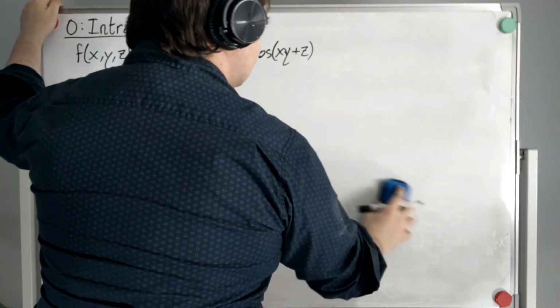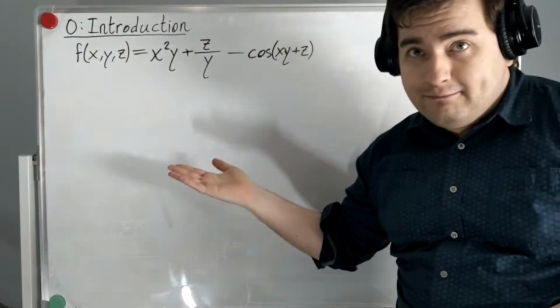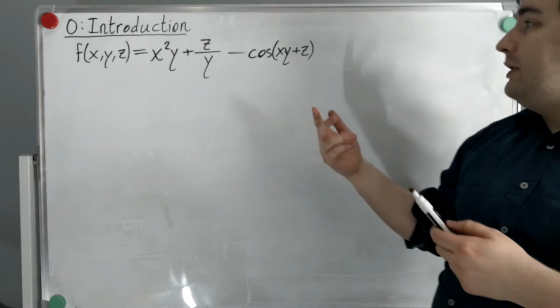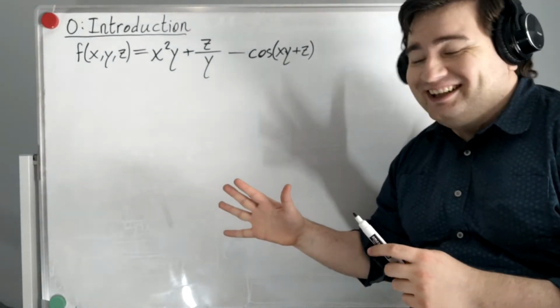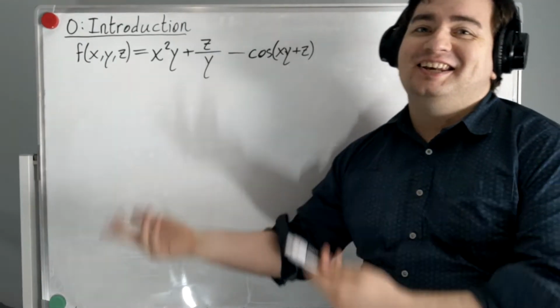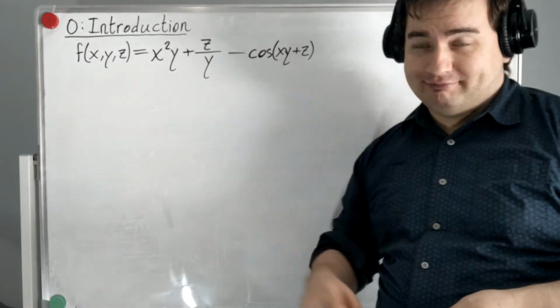Again, this is a function. Its dependent variable f is determined by 3 different independent variables, which are called x, y, and z. Okay?